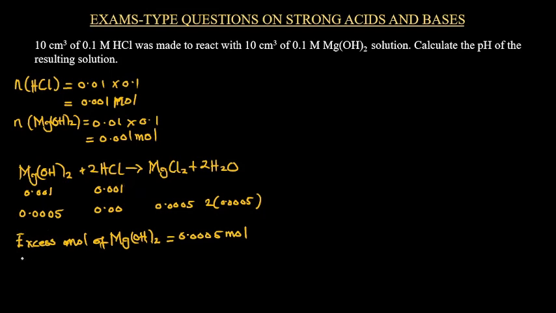Now we have to find the total volume. Total volume is going to be the two volumes: 10 cm cube of HCl plus 10 cm cube of magnesium hydroxide. So 10 plus 10, which is 20 cm cube, and this is equivalent to 0.02 dm cube.